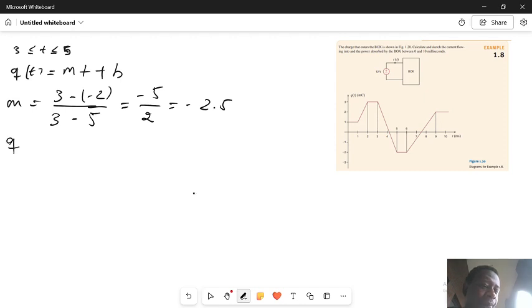Now I have q(t) = minus 2.5 t plus b. Let me determine the value of b. I choose one point. When t equals 3, the value of q is going to be 3.